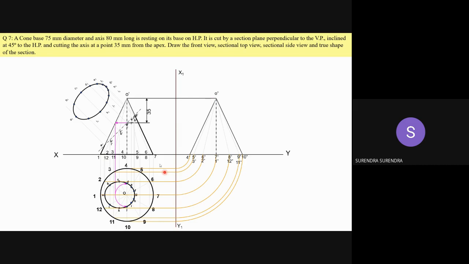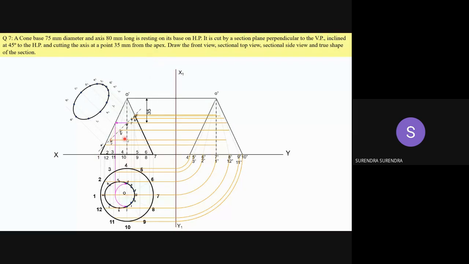Now, draw the projections from A, B, C, D, E, F, G, H. All the points. A dash is on 1O line. So draw the projection from A dash only up to 1O line. B is on 2O line.